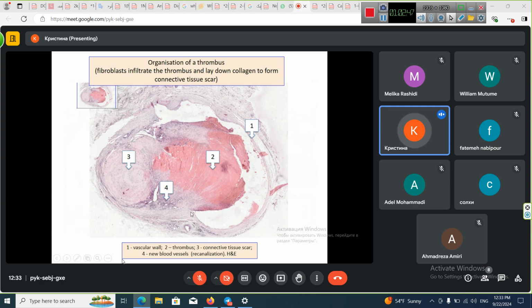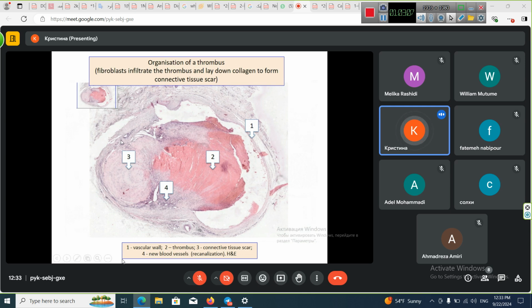The thrombus is attached. So here you see the area where the blood vessel tissue is attached to the tissue of the thrombus. In this thrombus, number two is for it. All of this actually is a thrombus.